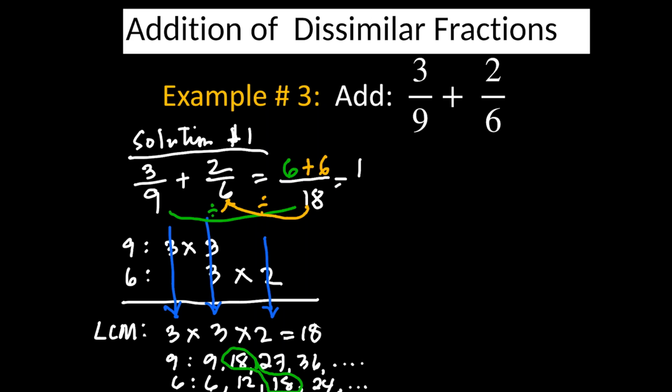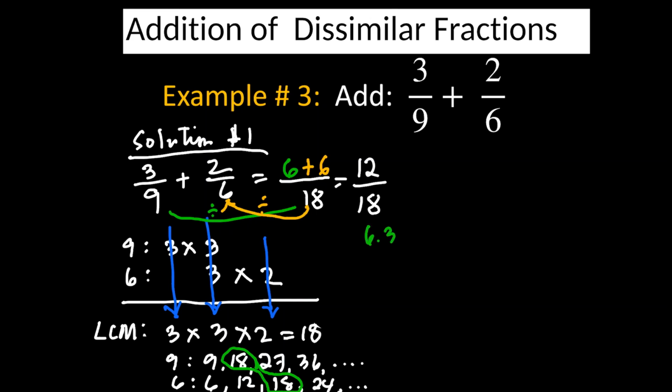So 12 over 18. Now 12 over 18 is not yet in simplest form. Why? Because there is a common factor between 12 and 18. And what is that?